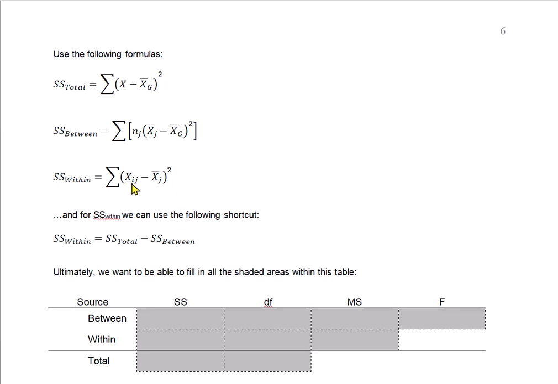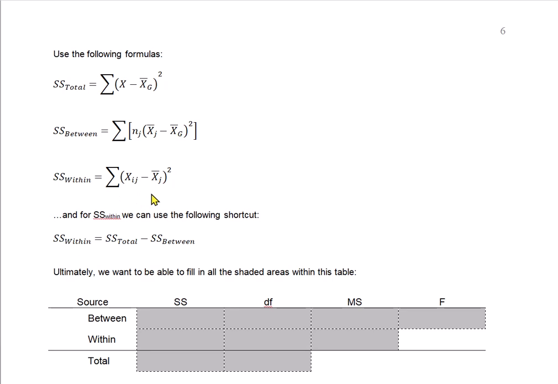But we don't normally designate individual scores this way. Really what this is telling us to do is to treat every group independently of each other and take the scores inside group 1, subtract the mean of group 1 from each of those scores, square them and add them up. And then we'll do the same thing for group 2, group 3, group 4, however many groups we have.